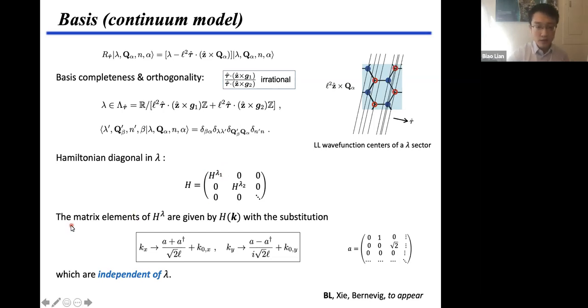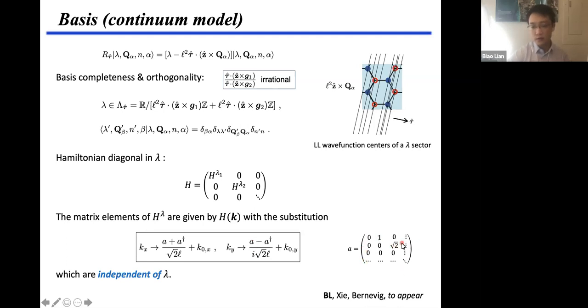The other good thing is that the matrix elements of this H lambda, one could show, are just given by the zero magnetic field momentum space Hamiltonian with the substitution that you replace the quasi-momentum by these lambda level lowering and raising operators. Here these A's are the A_q's we just defined, but in matrix form they are all the same.